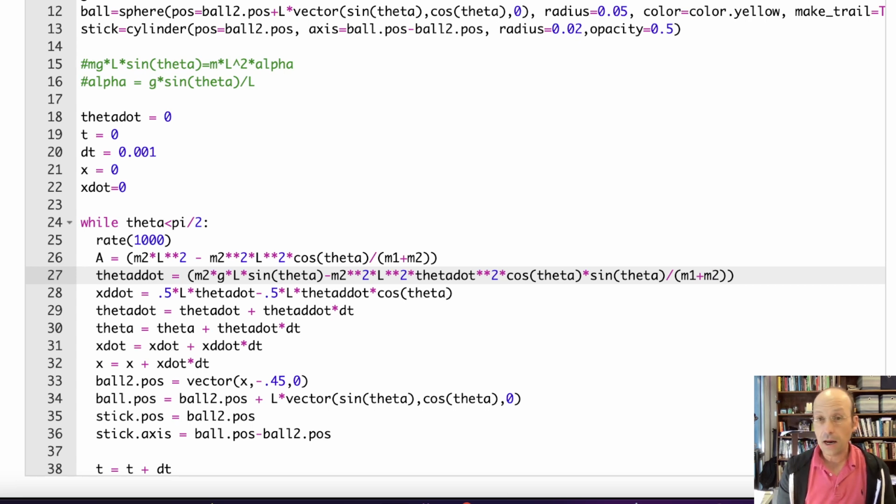That's that second term. And then all of that I need to divide by A. See, this is what's great about Python, right? I can break that into pieces. Instead of writing a complicated equation, I could just calculate in a different step. So now I have my theta double dot.